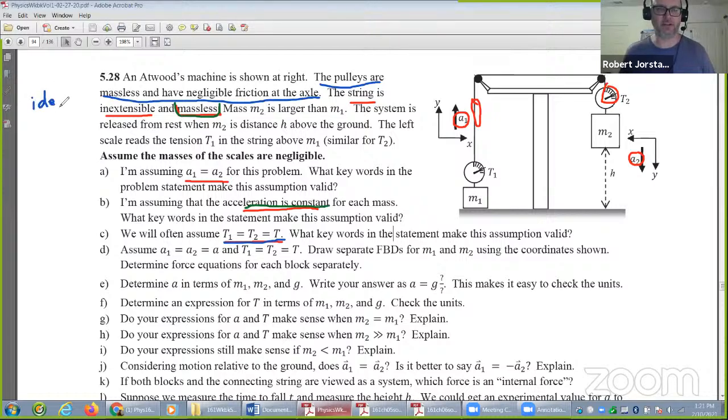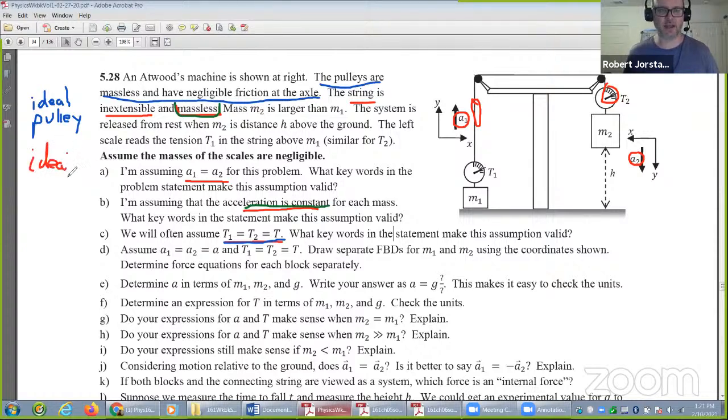An ideal pulley would be one that has negligible axial friction and negligible mass. Sometimes you'll say it that way. And then you could have an ideal string. Whoops, where'd it go? Oh my gosh, zoom. There we go. So those are the key.